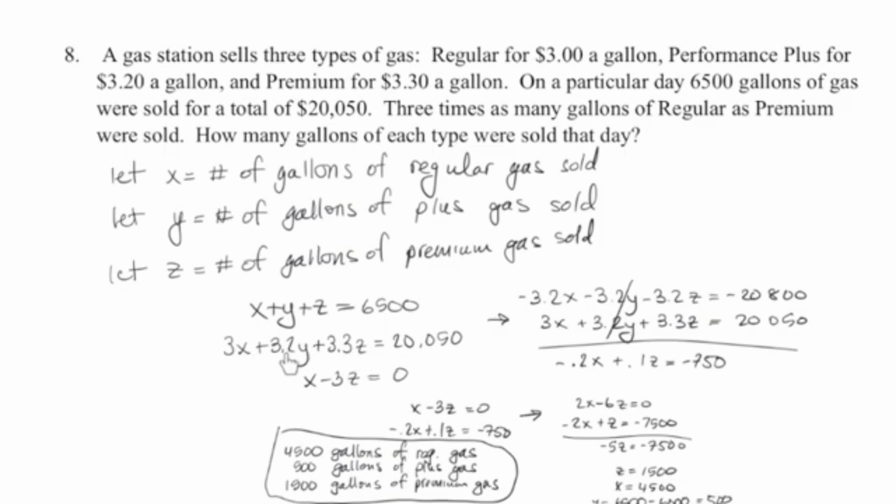This is the amount made on regular, this is the amount made on performance plus, and this is the amount made on premium, and that total is $20,050.